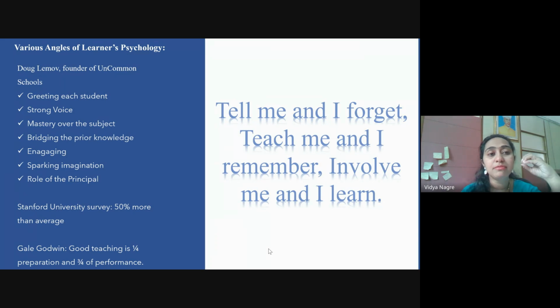See, if you have a mumble voice, if you have a very low voice, it automatically creates psychologically a very different kind of impact on the listener, and the listener's attention gets diverted, distracted. But if your voice is strong, very firm and clear, then the listener always pays attention to your talk. So you have to make sure that your voice is firm, strong, and clear.